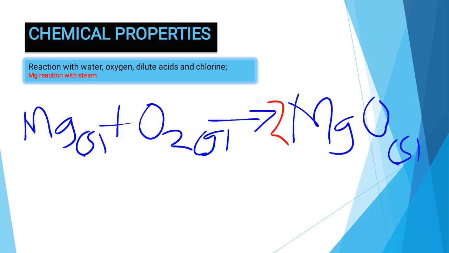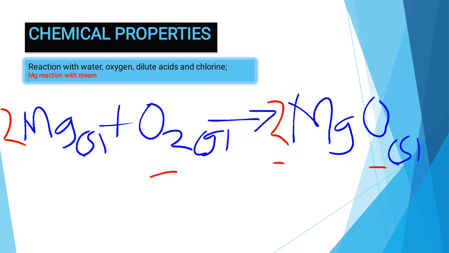Now we have 2 oxygen on the product side and 2 on the reactant side, but having a 2 here also affects the number of magnesium. So we also put a 2 here, so that we have 2 magnesium on each side and 2 oxygen on each side. Note that no chemical equation is ever correct without being balanced.